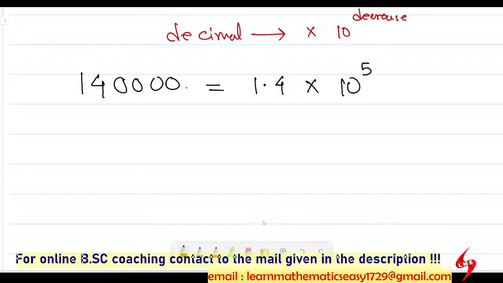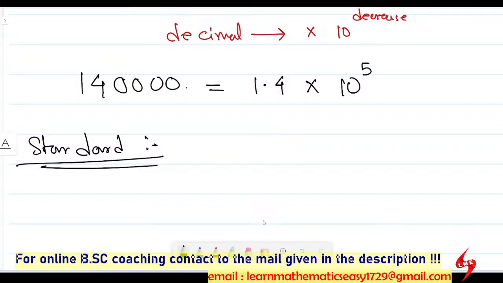Okay, convert this into standard form. 461,000.